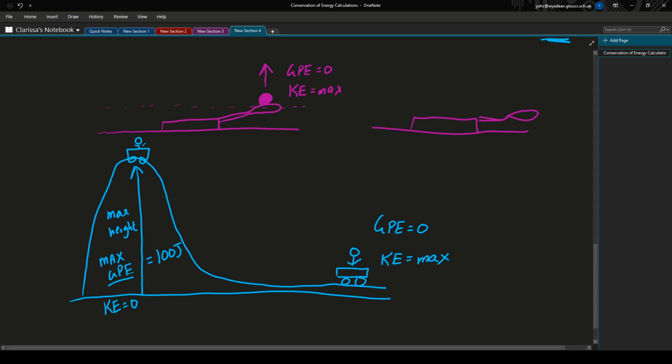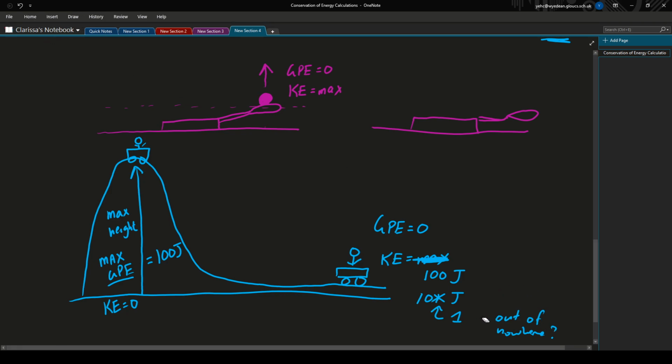Then its kinetic energy at the end would have been 100 joules. It had to have been. It can't have been 101 joules, because then 1 joule came out of nowhere. So we can't have had that. We can't have 99 joules, because then 1 joule somehow disappeared into nothing.